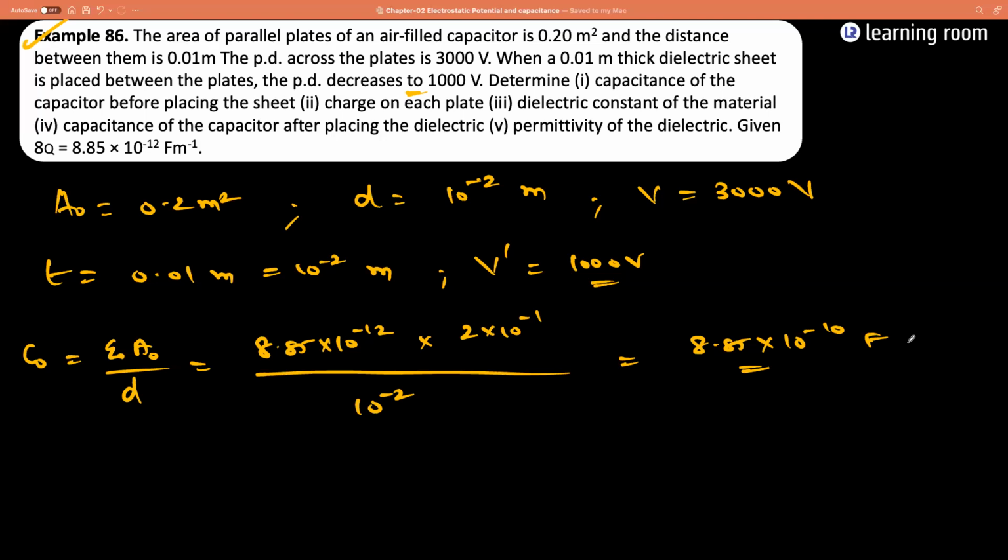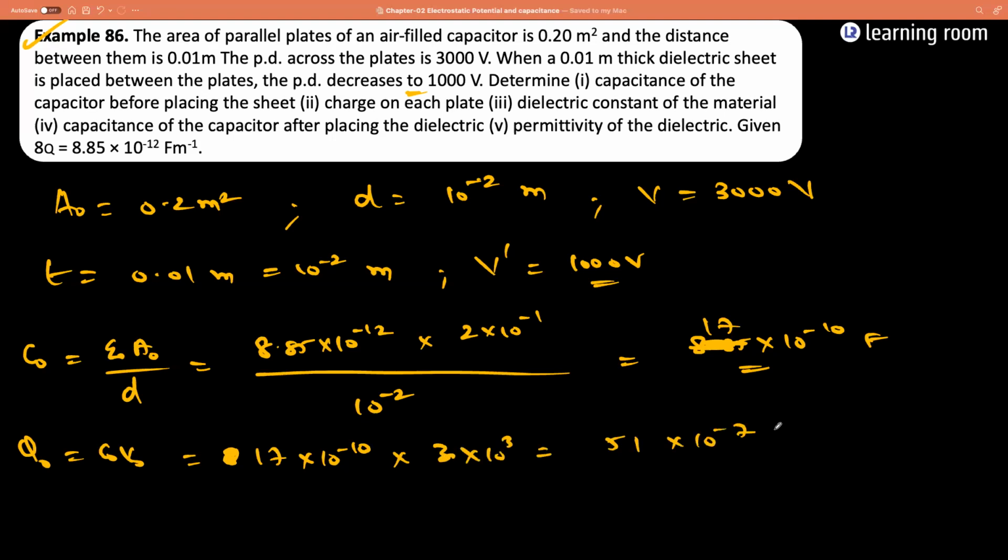Charge on each plate: Q naught is equal to C naught into V naught. So C naught is 8.85. Sir, you've written 17. So 17 into 10 power minus 10 into the value of V naught, which is 3000, that is 3 into 10 power 3. Sir, actually it'll be 17 into 10 power minus 11. They must have written 1.7, which is 1.7 into 10 power minus 10.